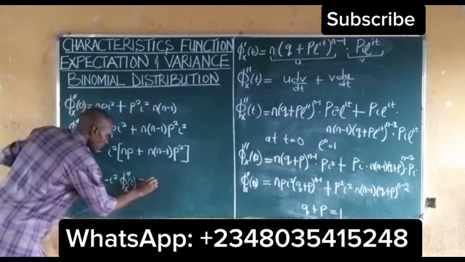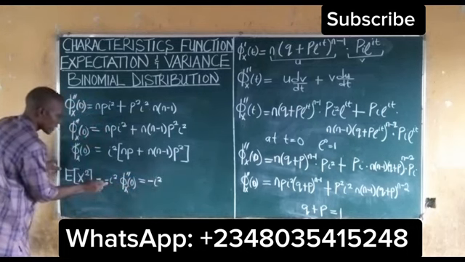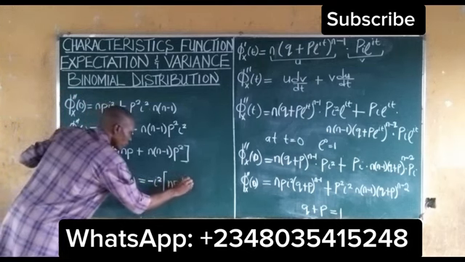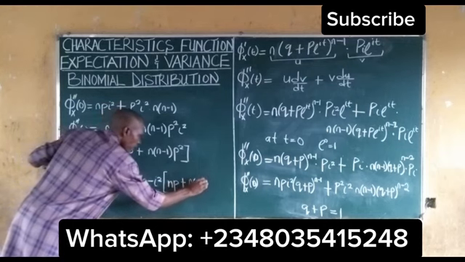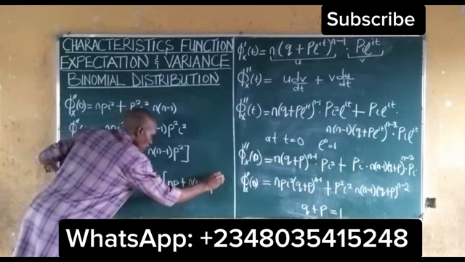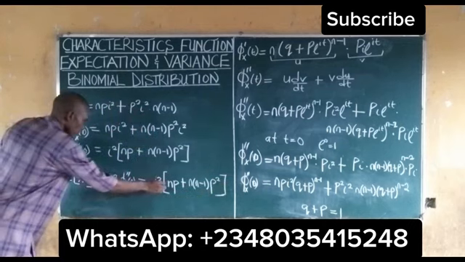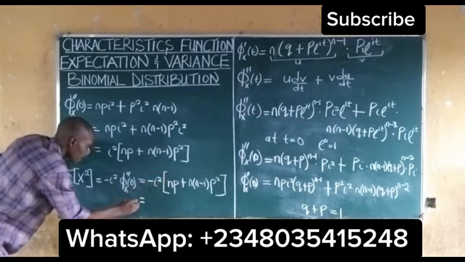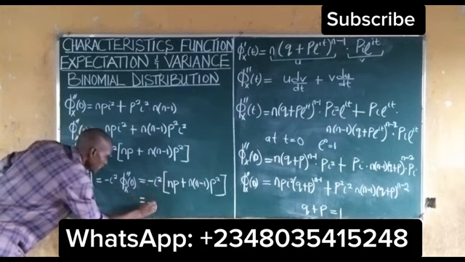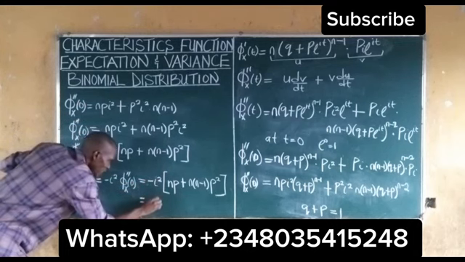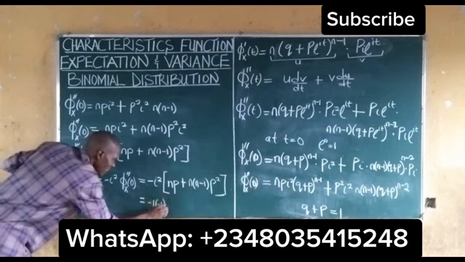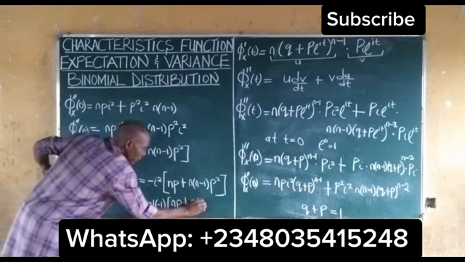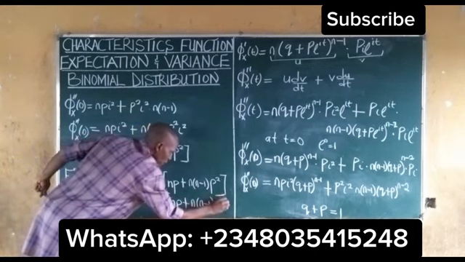So we now write it as negative i squared because of this sign here into np plus n into n minus 1 p squared. Of course, this will give us negative 1 into negative 1 multiplied by np plus n into n minus 1 p squared.